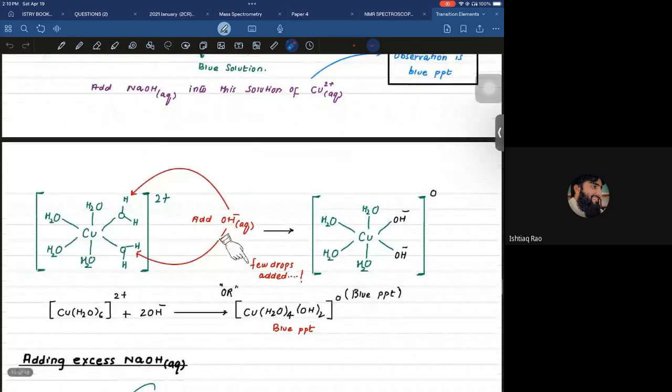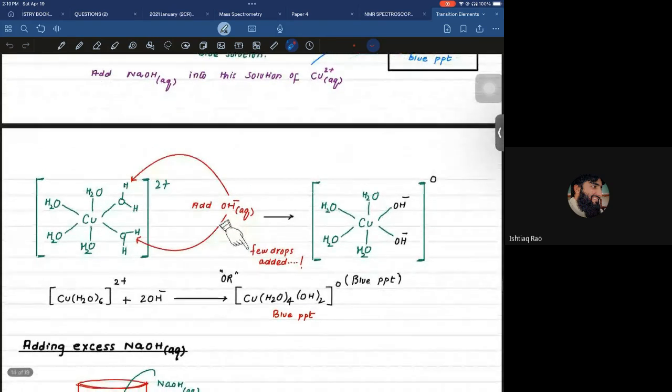Then what would you observe? So first of all, when we add sodium hydroxide, basically we are going to add OH minus. This is a base. It's going to provide OH minus. Remember, this is water.